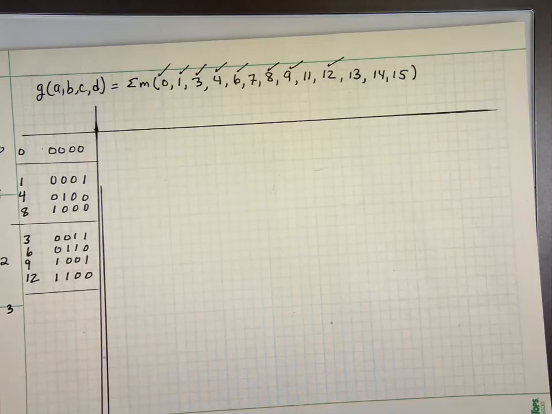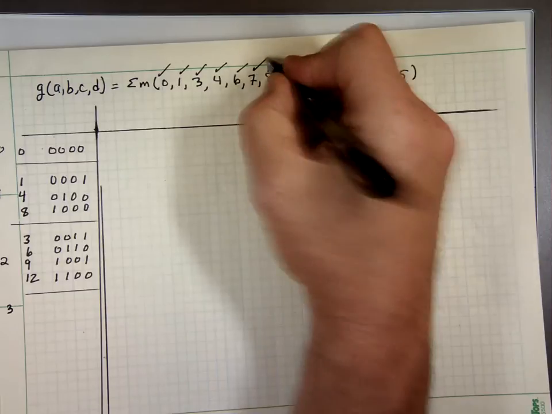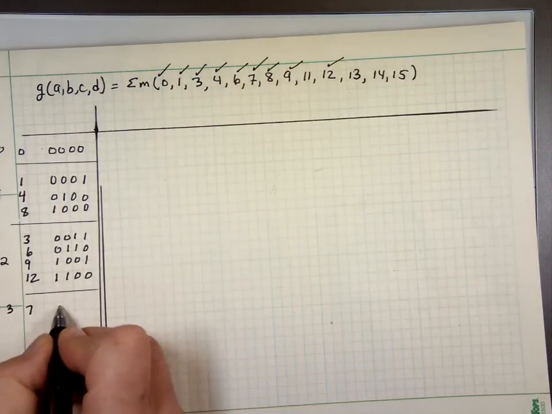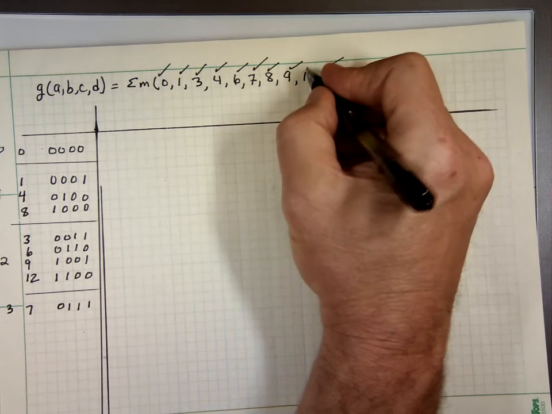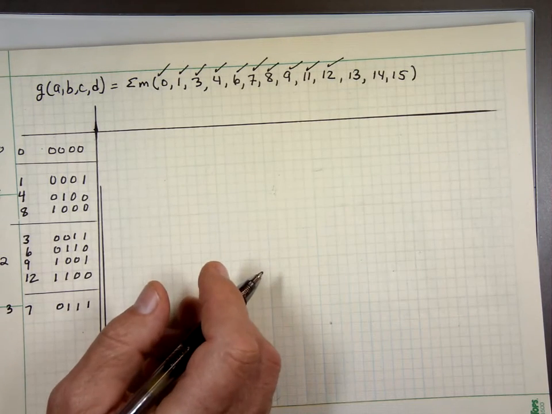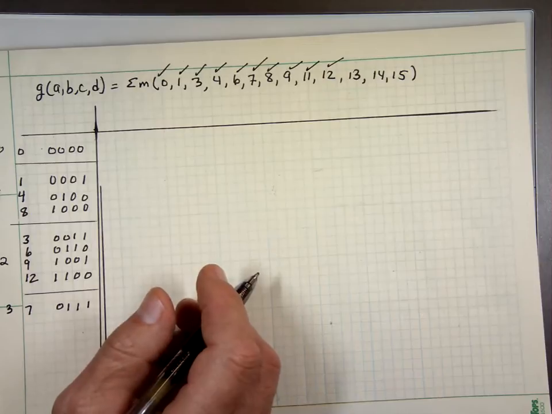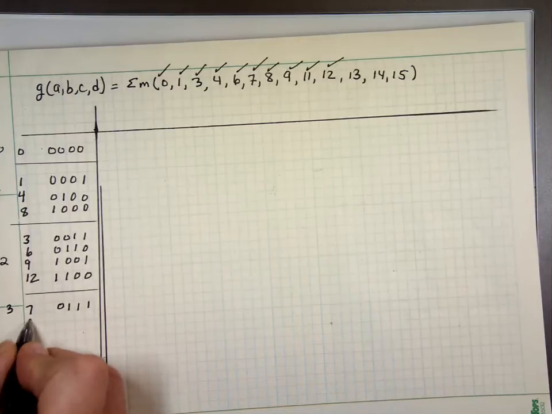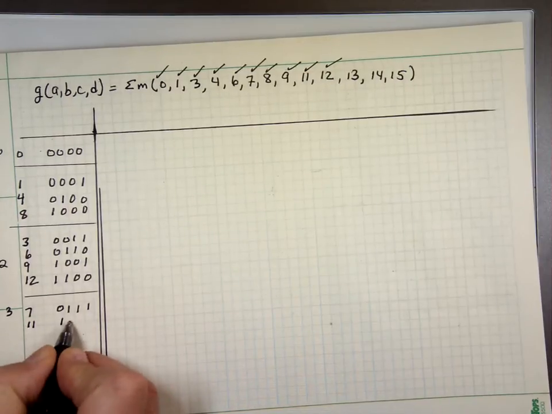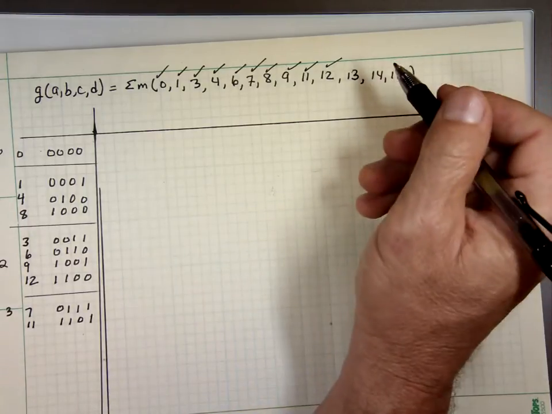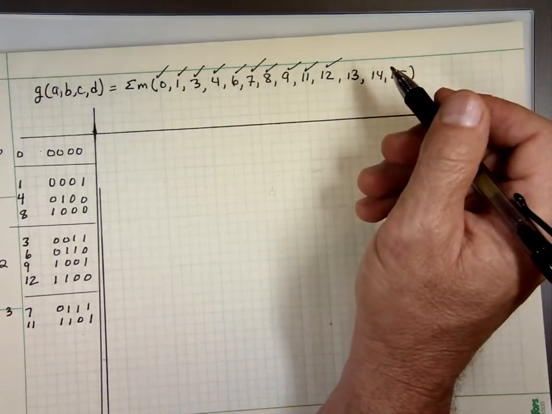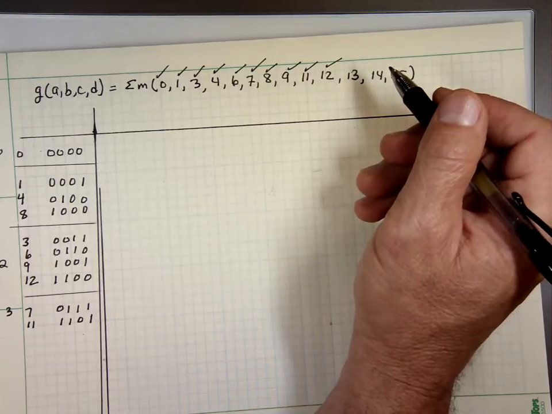7 definitely has a 3: 0, 1, 1, 1. 11 has a 3: 8, 2, and 1. 13 is 8, 4, and 1. 14 is 8, 4, and 2. 13, 11 is 8, 2, and 1, right? Yeah.